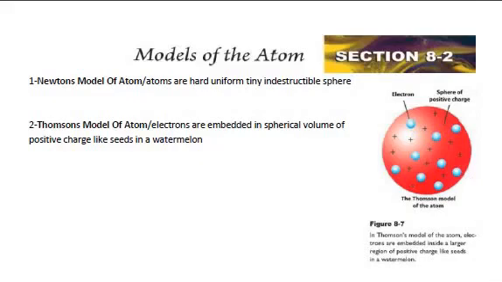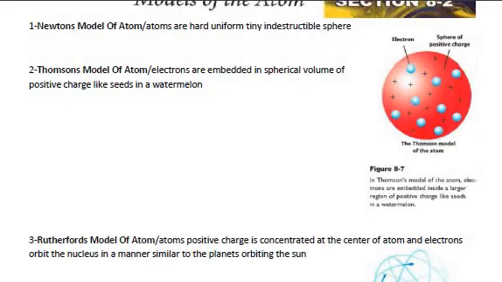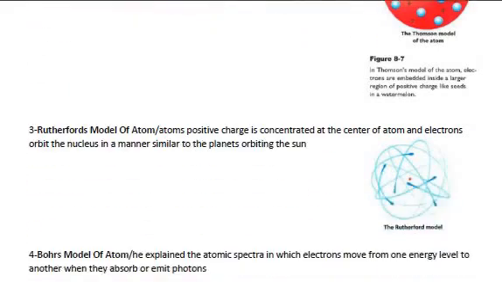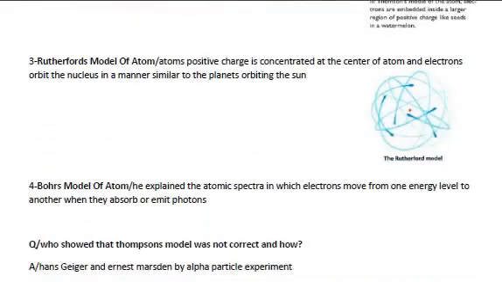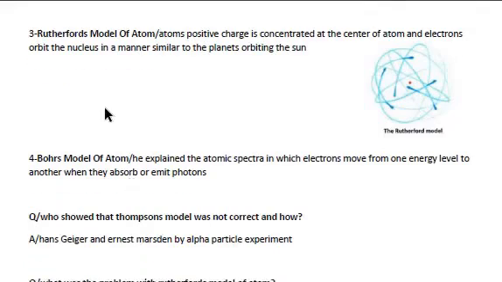After Thomson, Rutherford put a new model. Rutherford's model was closest to the true description of atom. According to Rutherford's model, atoms' positive charge is concentrated at the center of atom.